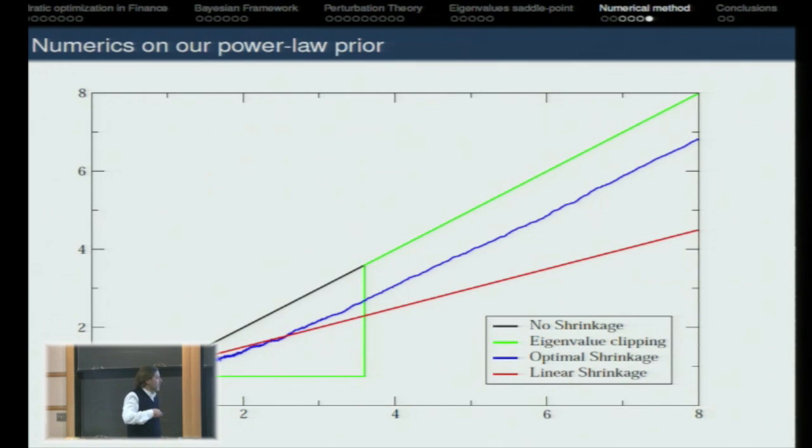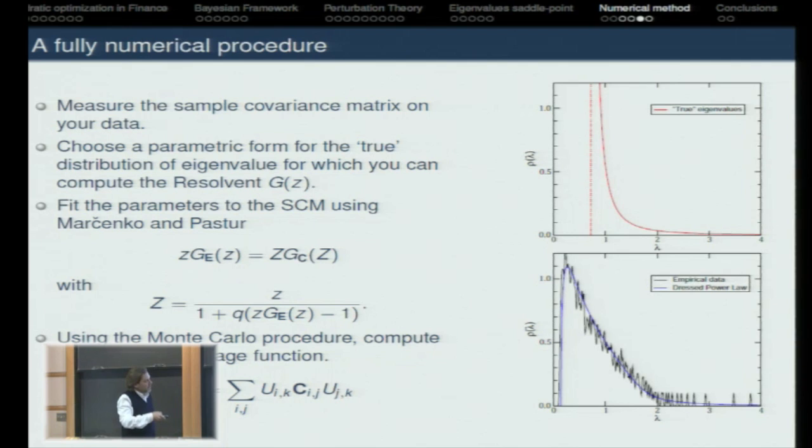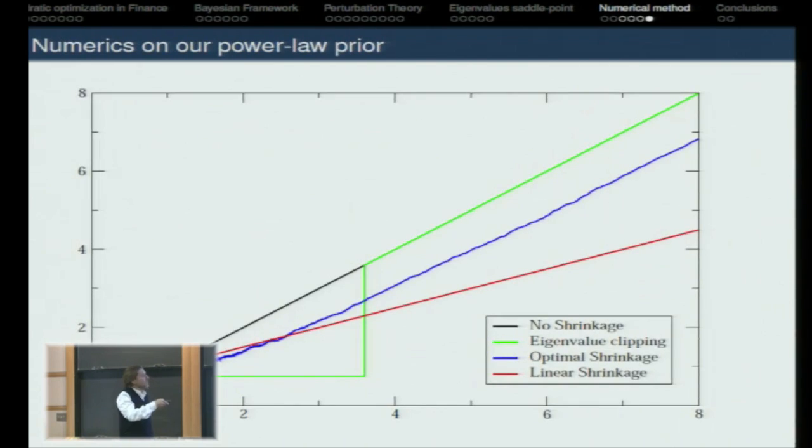What I like about this blue curve is that asymptotically it almost doesn't shrink the very large eigenvalues, because our prior has a fat tail to the right. So if you see a very large eigenvalue, it's compatible with your prior, so you keep it. Whereas it has no eigenvalues below a certain point, so eigenvalues that you observe here, you don't trust them at all. So it has the opposite convexity of the Wigner and Wishart priors.